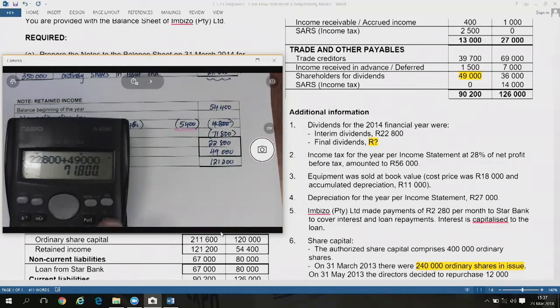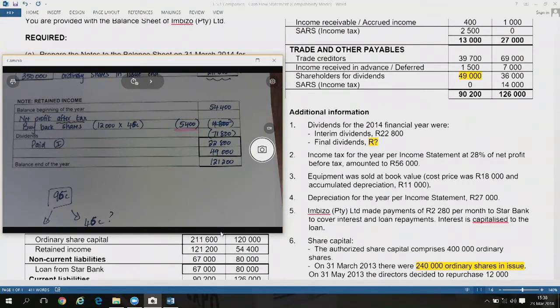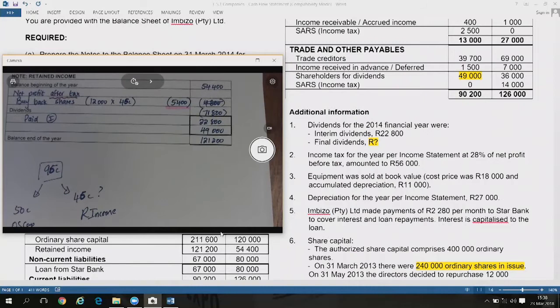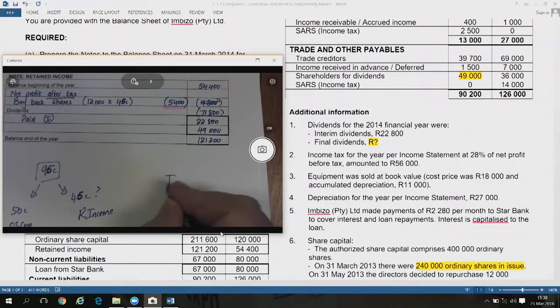Okay, and we are still looking for the net profit after tax. Information number 2: income tax for the year per income statement at 28% of the net profit before tax amounted to 56,000. In your income statement, you've got net profit before tax.